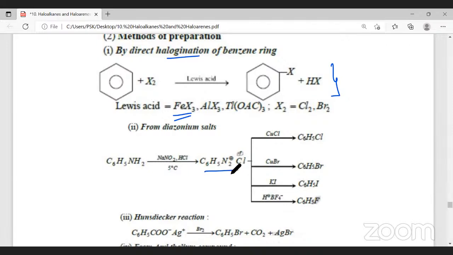Now, if you would remember, this is called benzene diazonium chloride. We will learn the preparation of benzene diazonium chloride, and then we will learn the preparation of the other haloarenes.